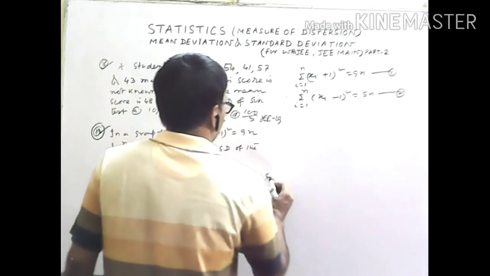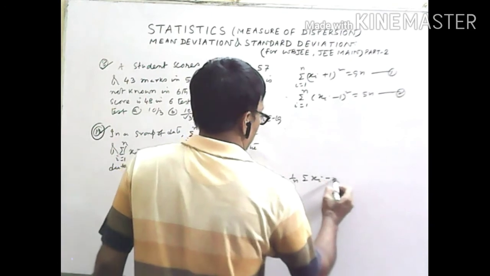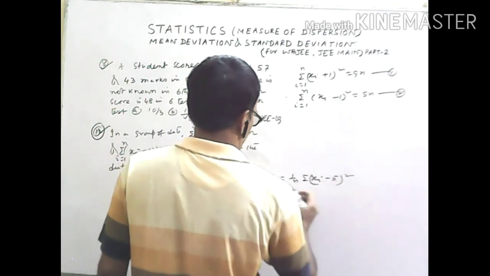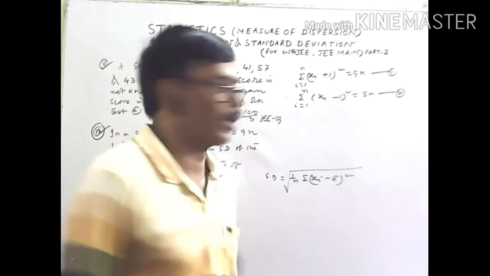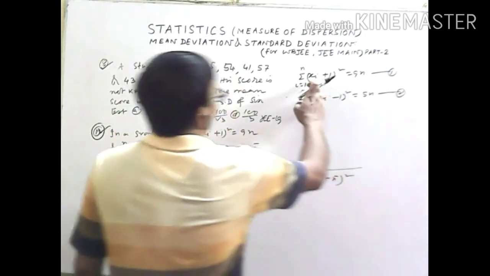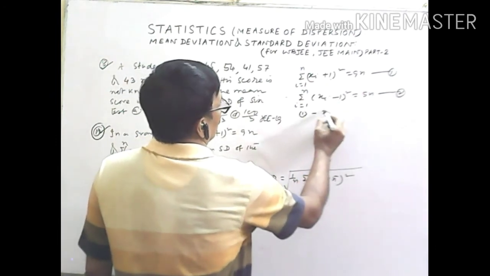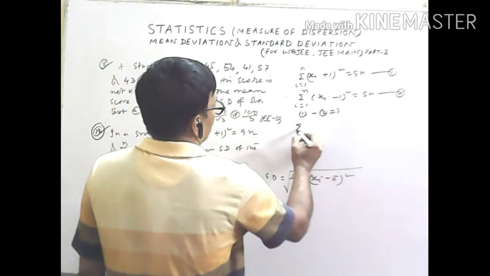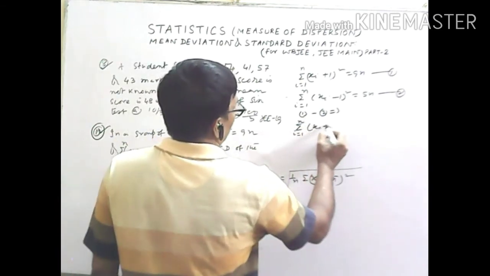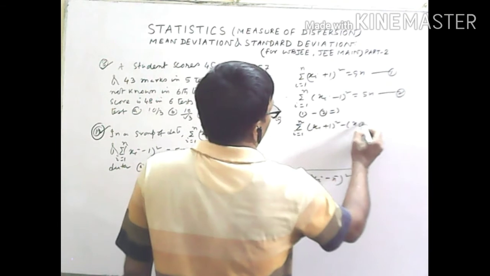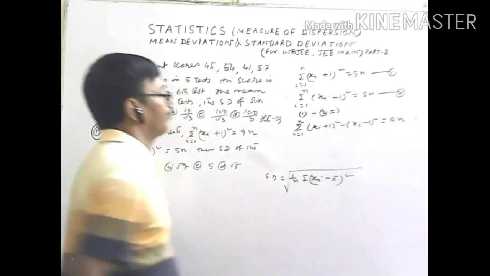So what is standard deviation? 1 by n summation xi minus x bar whole square. Now look, this is plus, this is minus. So if we subtract 1 minus 2, then summation of I equals 1 to n, xi plus 1 whole square minus xi minus 1 whole square equals 4n.